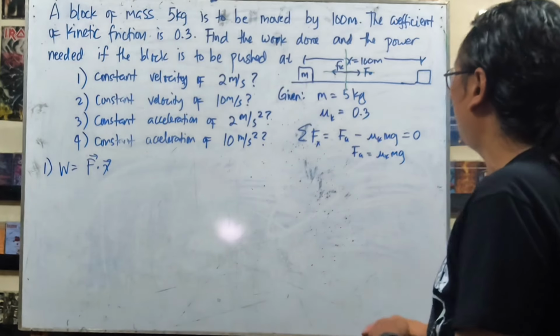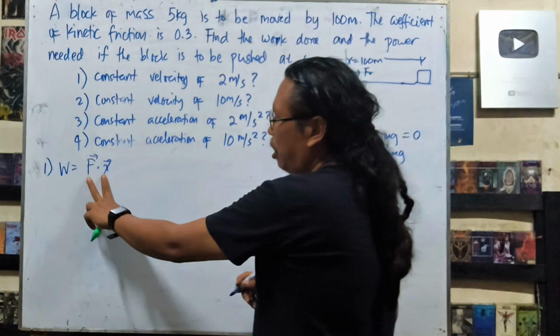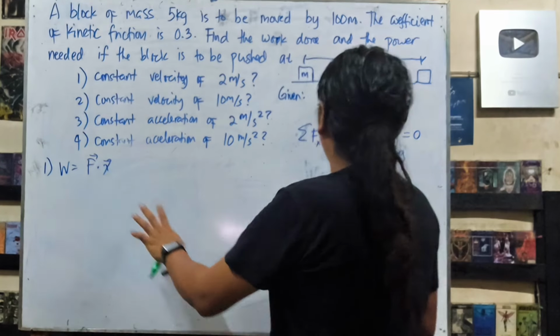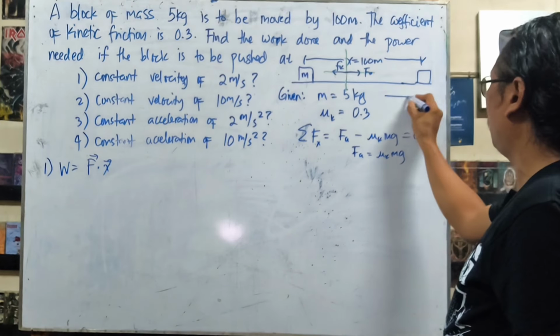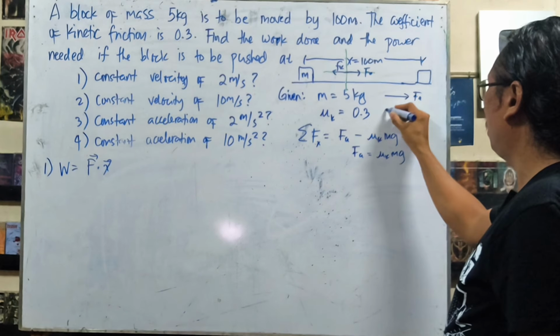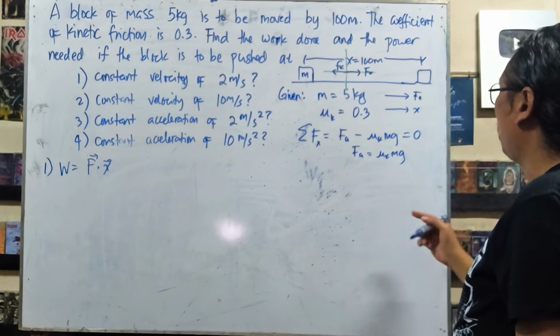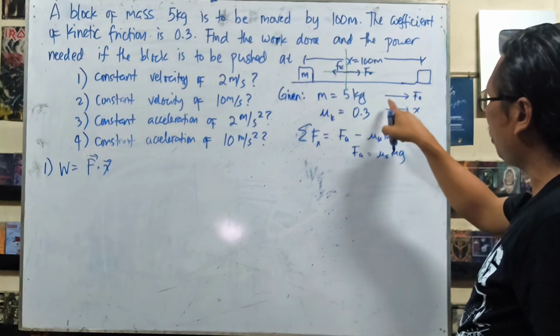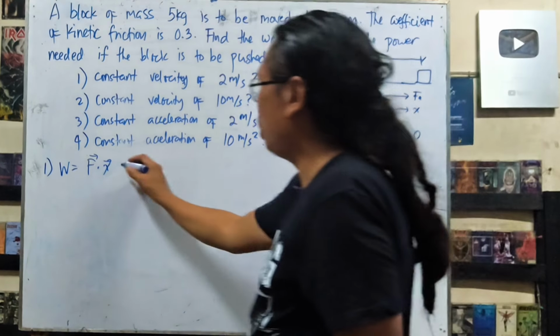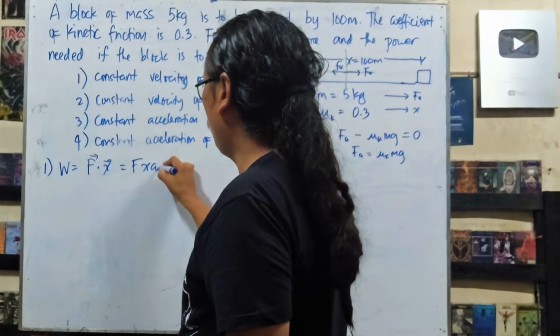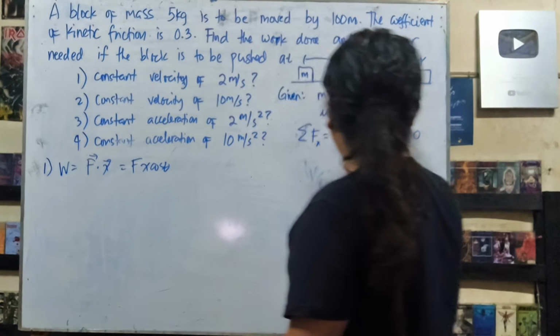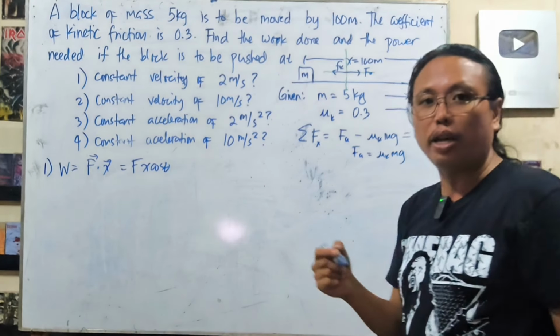Here in this case, F dot X. First, what is the direction of this? It's a dot product. What's the direction of the force here? This is the applied force, while the direction of the displacement is that way. So the angle between them is 0. Note that this is F x cosine of theta. Our theta here is just 0, so cosine of 0 is just 1.